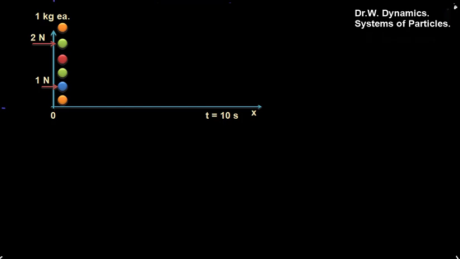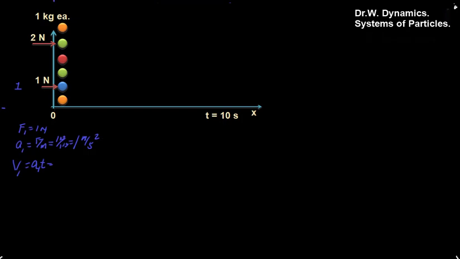For the lower mass, we'll call that particle 1. So the F on particle 1 is 1 newton. The acceleration of 1 would be force divided by m, which would be 1 newton over 1 kilogram. So we get 1 meter per second squared. The velocity for particle 1 would be the acceleration of 1 times the time, and we're told that these forces act for 10 seconds.